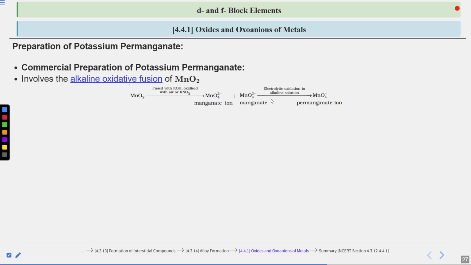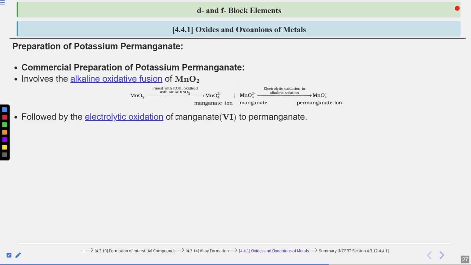Now this manganate ion, after electrolytic oxidation in alkaline solution, converts to the permanganate ion, that is MnO4 negative. So this is the alkaline oxidative fusion method, or commercial preparation of potassium permanganate.